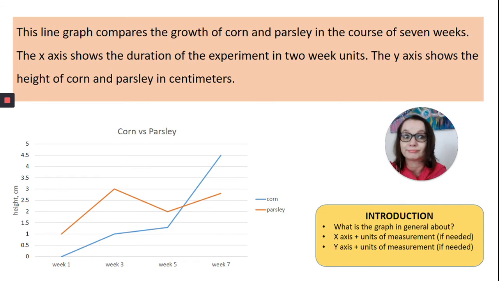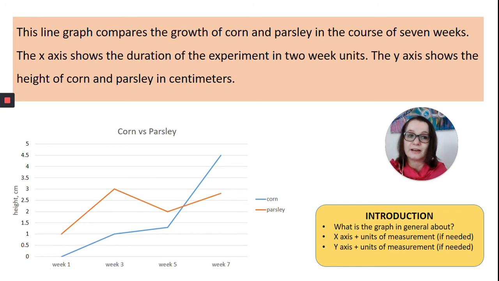It's not advisable to use things like the x-axis shows the weeks. The weeks are measurements, like years, days, hours, weeks, centuries. That's the duration, the period of time. So weeks are units of measurement.